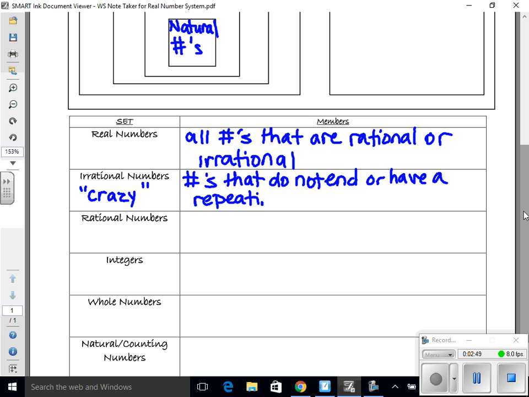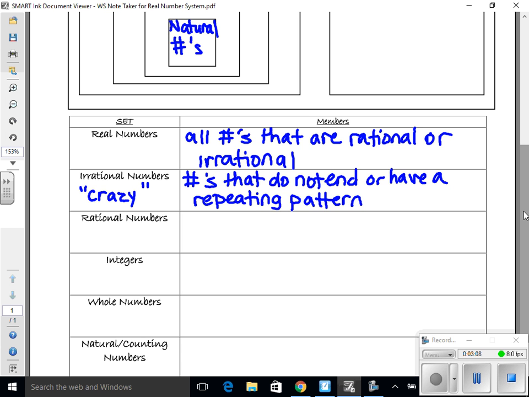So you'll notice that they are decimals, or numbers that can be written as decimals, right? And that they might have a pattern, but it is not a repeating pattern. If you can't put the repeating bar above it and the number never stops, then technically it's considered irrational. Okay, so we'll talk about some of those as well.